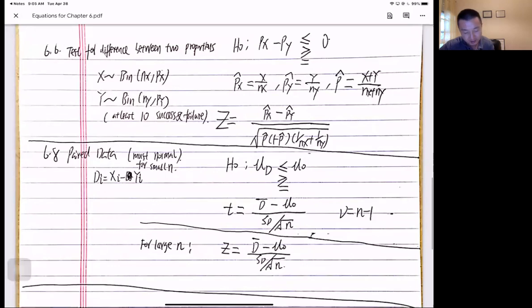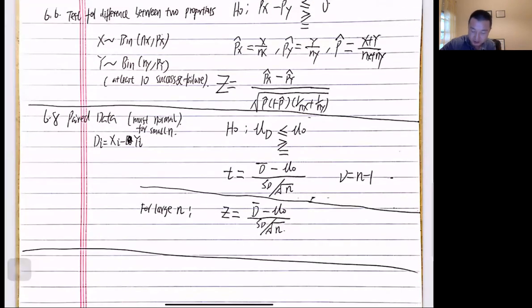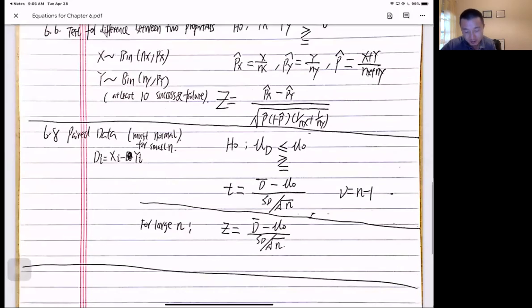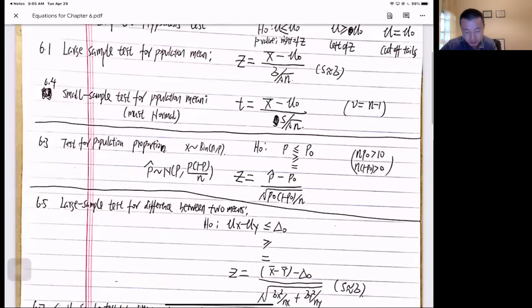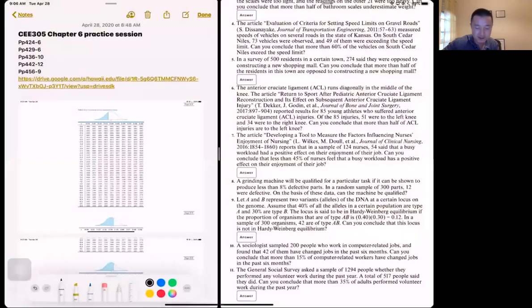And then we have 6.8 paired data: conditions, setup of H0, and calculations for t-value for small sample and z-value for large sample. So I'll upload this set of equations to the course site this morning, and we're gonna use it to resolve the questions today.